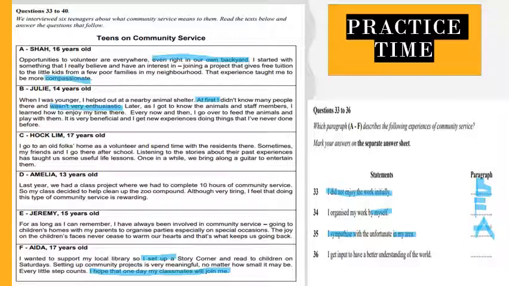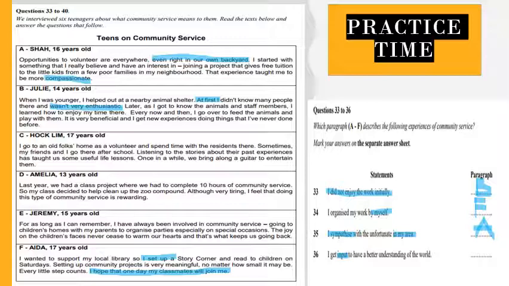And last one, I get input to have a better understanding of the word. So what do you understand about input? Input means information ataupun maklumat. So let's try C. I go to an old folks home as a volunteer and spend time with the residents there.